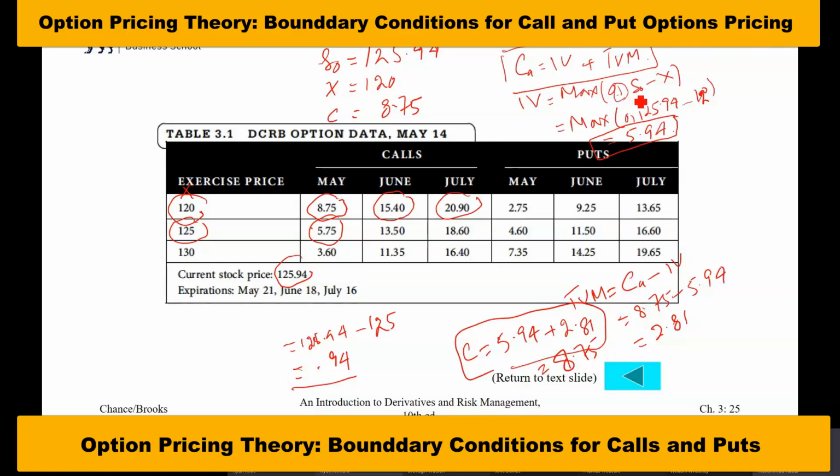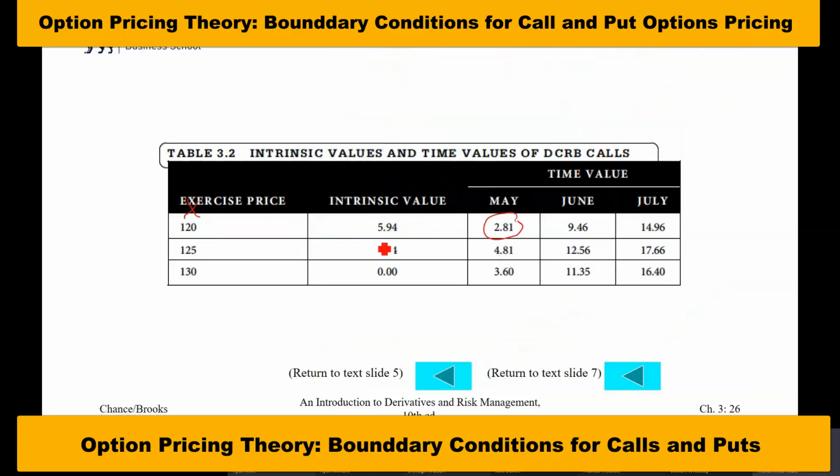Okay, so if I go here, have a look. Why is this option having a higher time value of money than this option? Both are expiring in May. This option has an exercise price of 120, which we compare against the current stock price of 125.94.